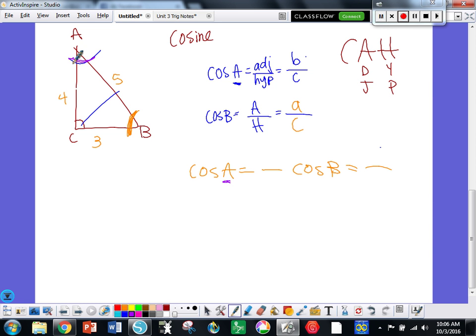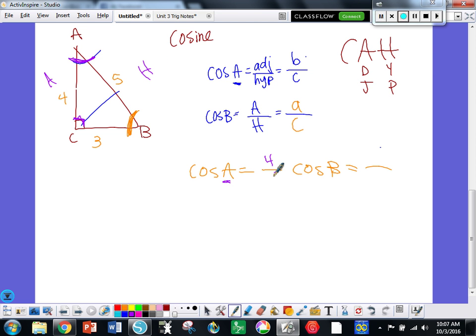Based on angle A, what is your A? Which is your adjacent? Adjacent is 4. How do I know that? Because it's between the angle and the 90. What is your H? 5. So my fraction for the cosine of A is what over what?